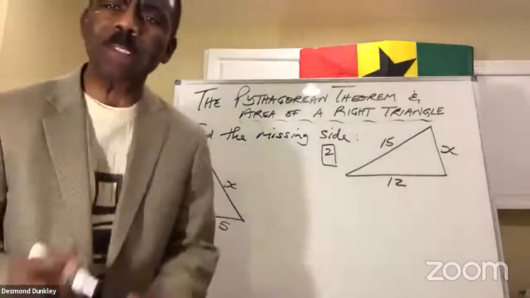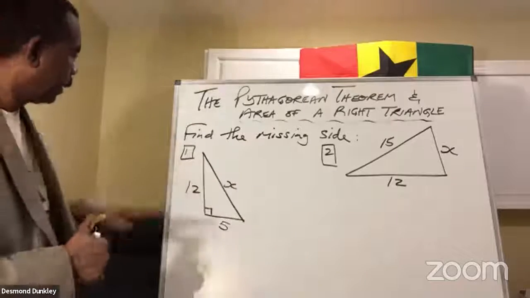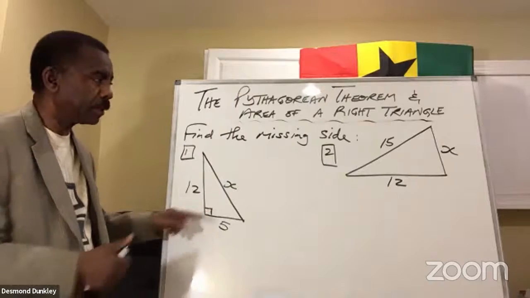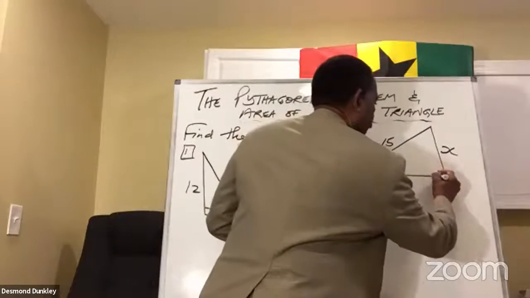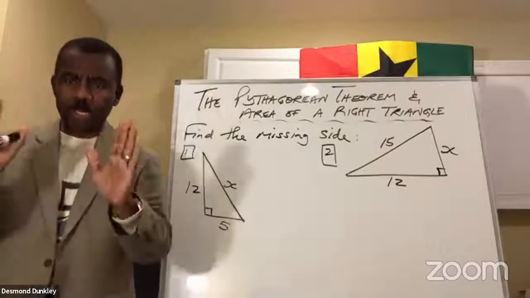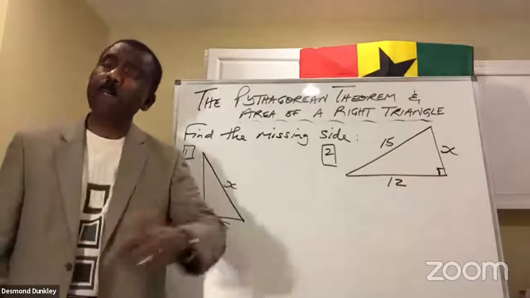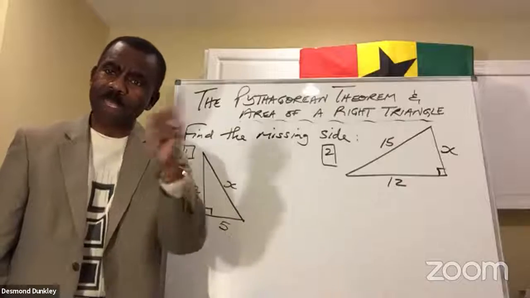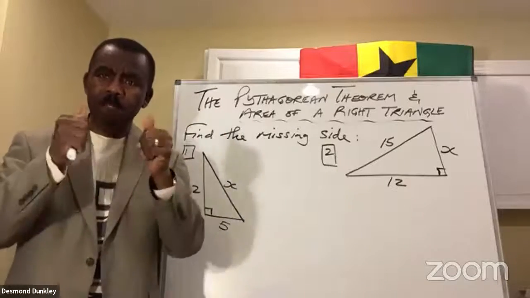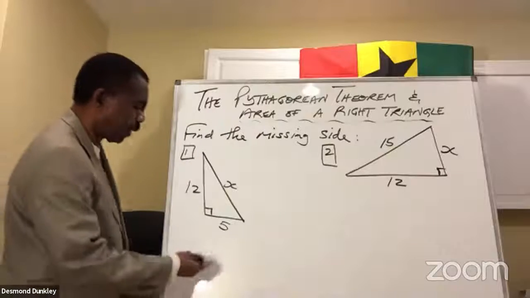Okay, so we have two questions on the board. This one here, this is a 90-degree angle. Because it's a right triangle, I can use the Pythagorean theorem. If it's not a right triangle, I can't use the Pythagorean theorem. Got it? Sweet. So here we go.